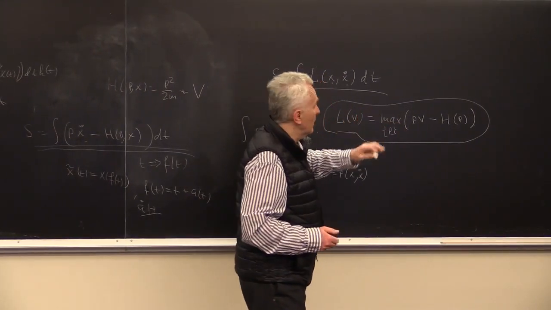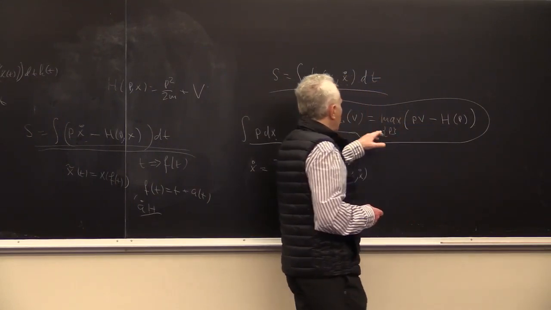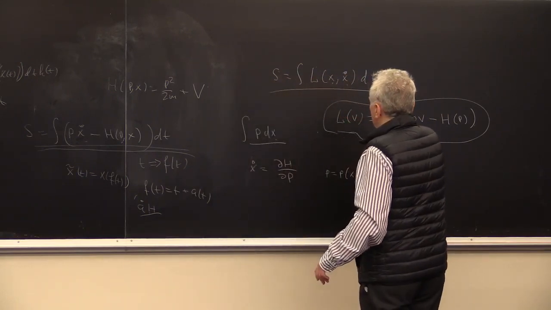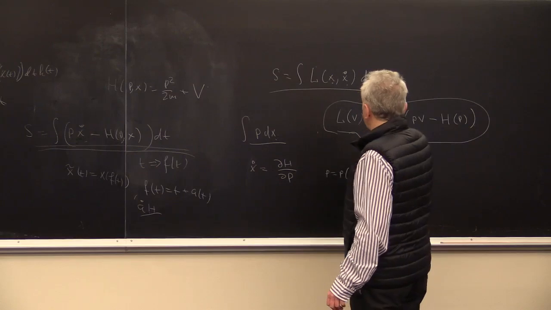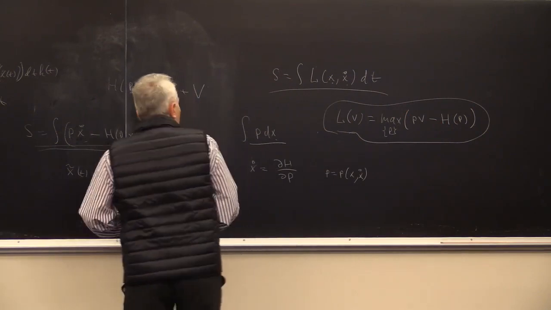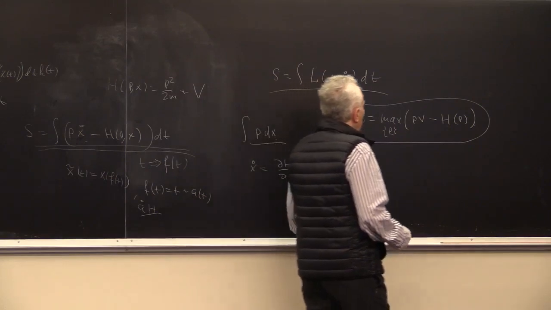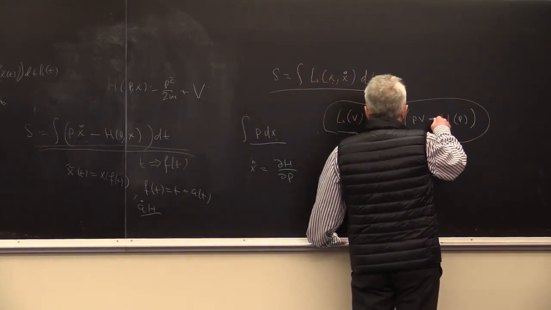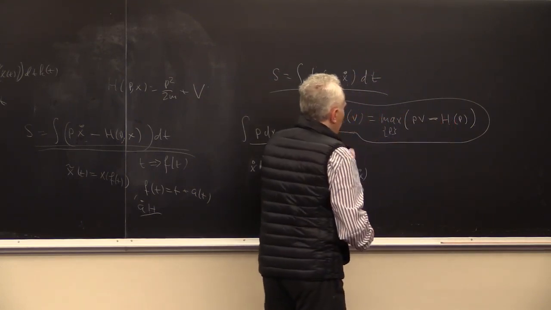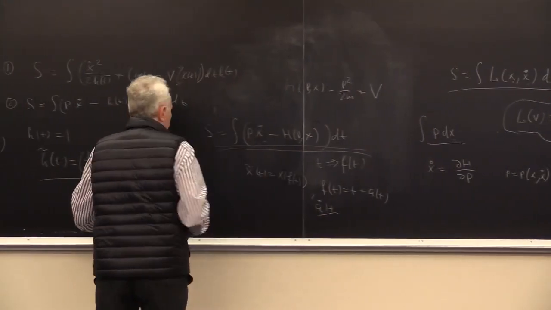They are related: when you are given the function h, by calculating the maximum with respect to p, which is just the same thing as variation with respect to p, you actually transform function h of p to the function L of v. And, as I said, this is called the Legendre transformation.